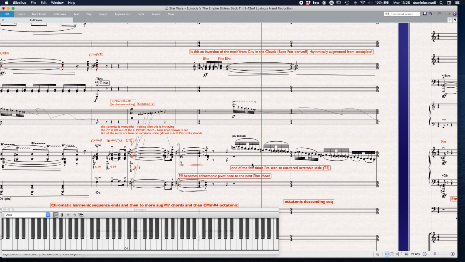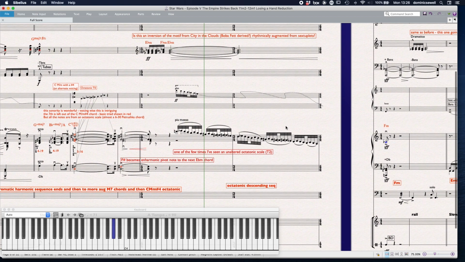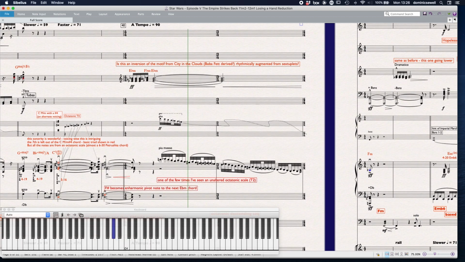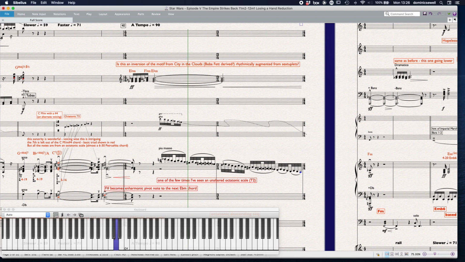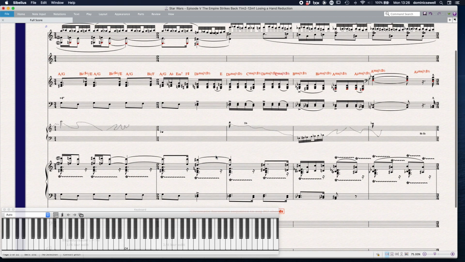And then we got one of the few times I've ever seen a completely unaltered octatonic scale, which is amazing. There we go. So he obviously knows what he's doing. I mean, he knows that works. And it kind of then sort of encapsulates most of the harmony that we've had before, in a funny sort of way.